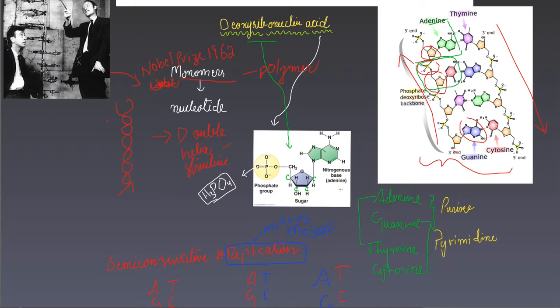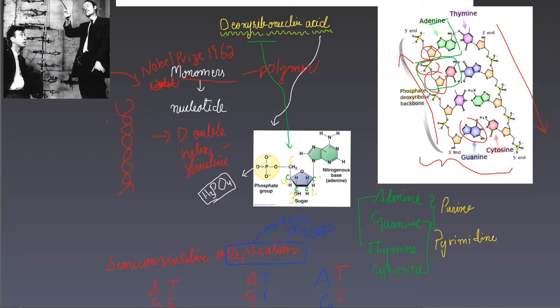What do they mean by that? If you count the carbons, you start off here with 1, then the second one 2, then the third one 3, here is the fourth one 4, and this is the fifth one, the one joined with the phosphate group.